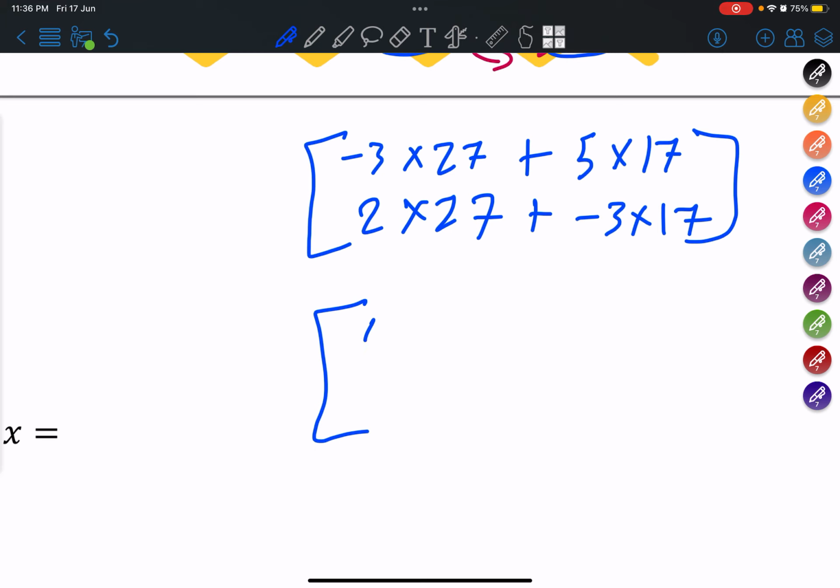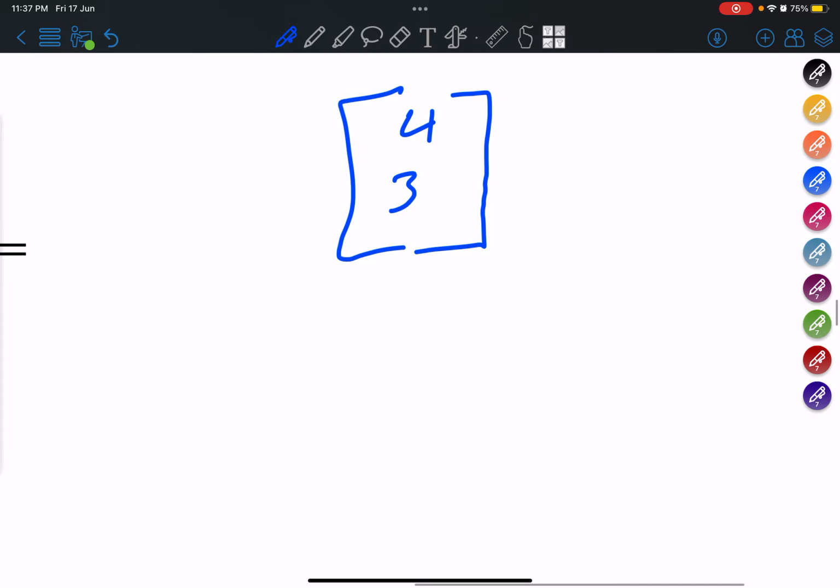So the first row will equal 4, and the second row will equal 3. We can see that the order of this matrix is 2x1.